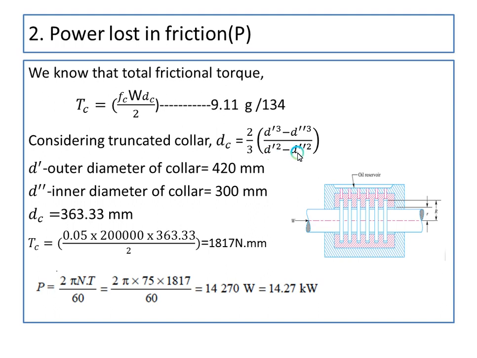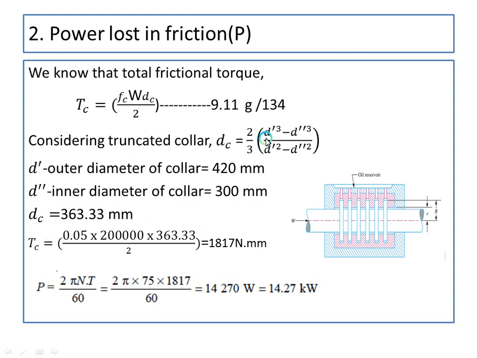This also is there in the data handbook, near to this same equation. And d dash represents the outer diameter of the collar, that is 420 mm, and d double dash represents the inner diameter of the collar, that is 300 mm.